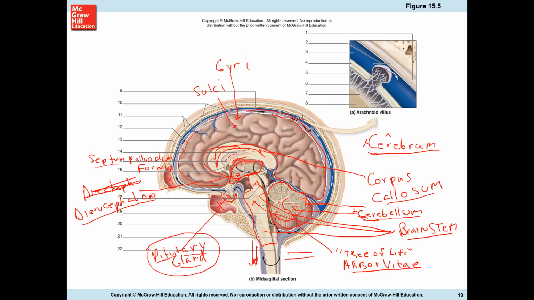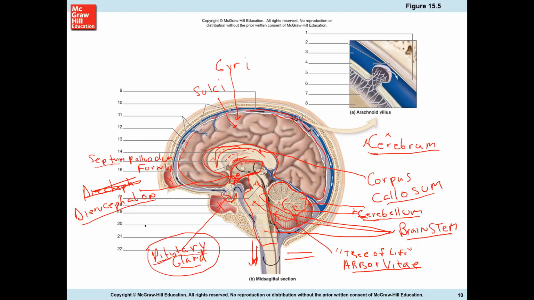The posterior pituitary gland has more neurological connections to the hypothalamus, which is here. You're going to find out. And the posterior pituitary gland doesn't produce anything. Sorry. It just stores and releases oxytocin and ADH, which is vasopressin or antidiuretic hormone, right?